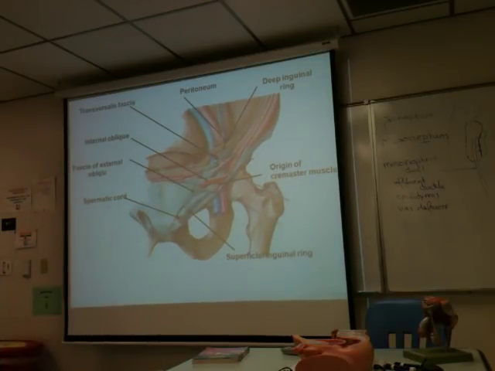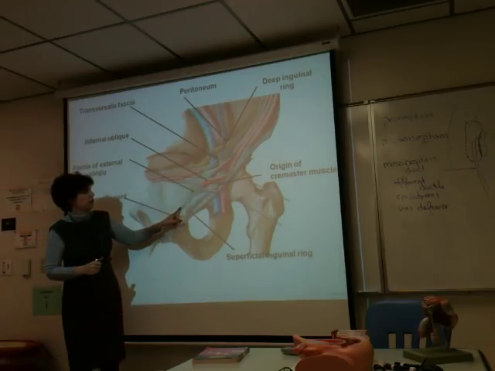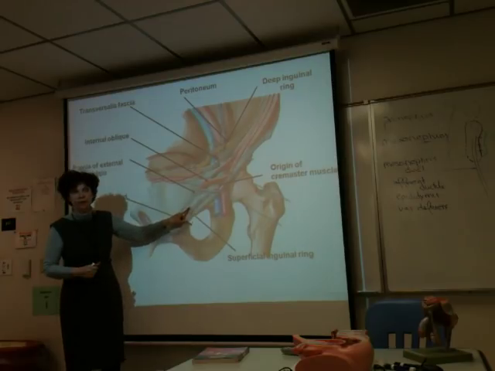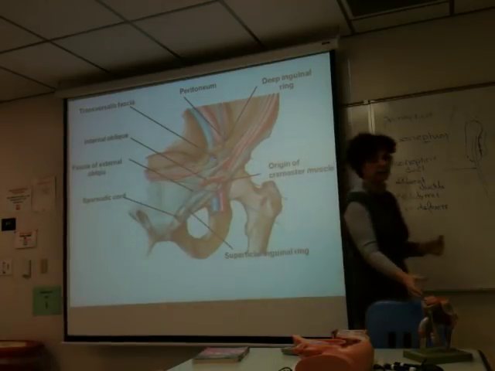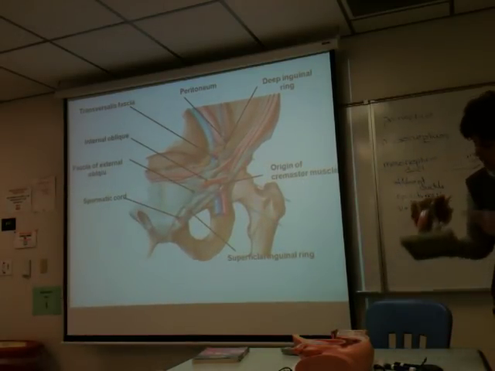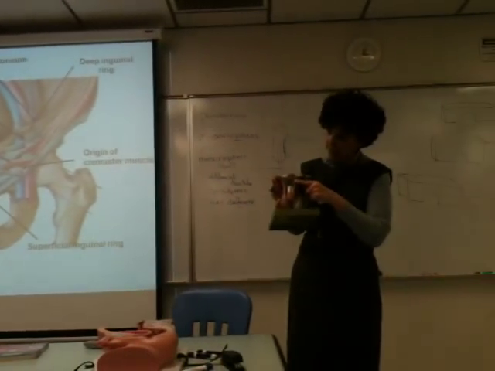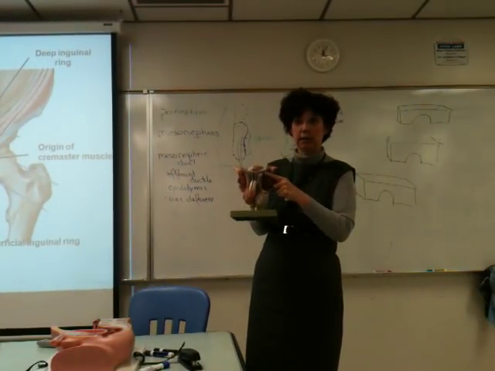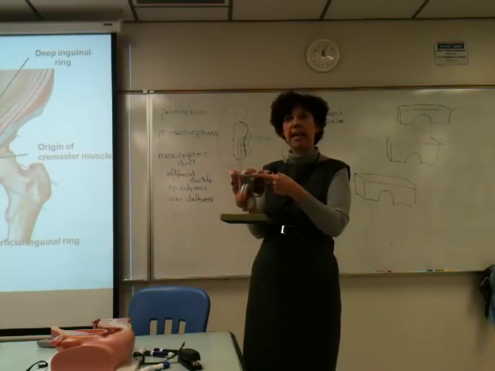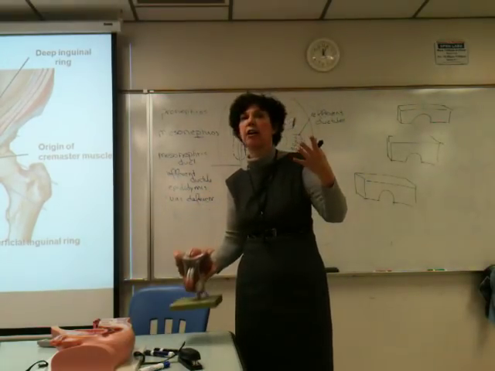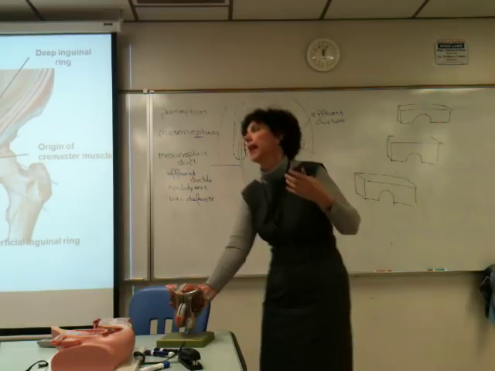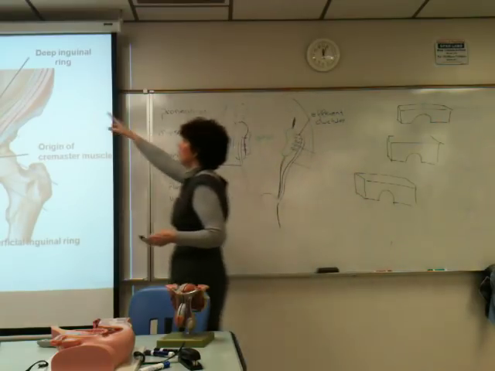So the layers of the inguinal canal are given on page 50, up at the top. You don't have to know all of those, but let me emphasize the ones I do want you to know. So the superficial ring, right here, and on the model, this, not the cut one, but up here, all right, this tissue is made up of the fascia, or the connective tissue, of the external abdominal oblique.